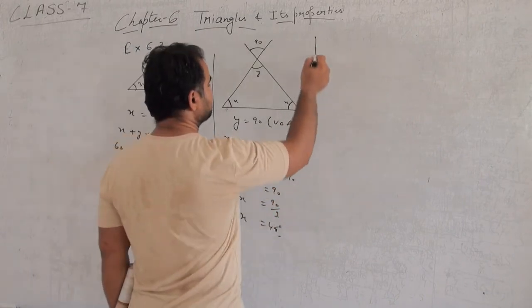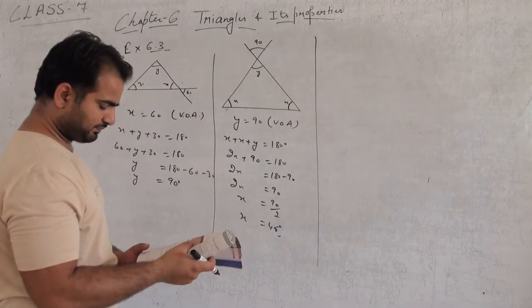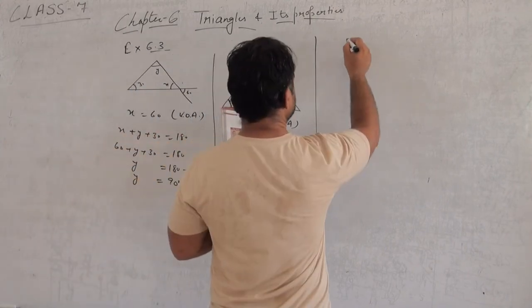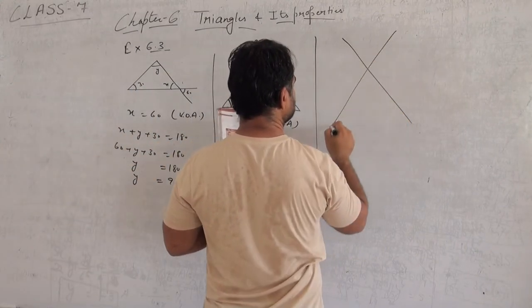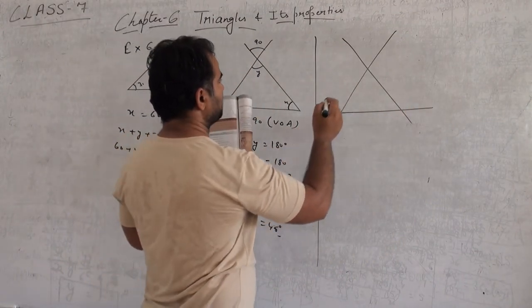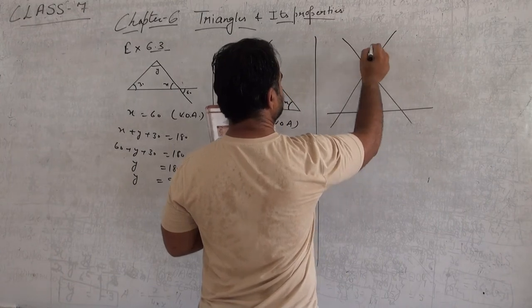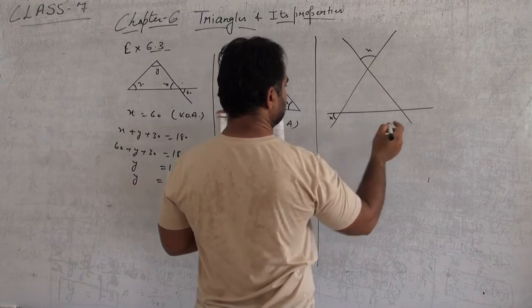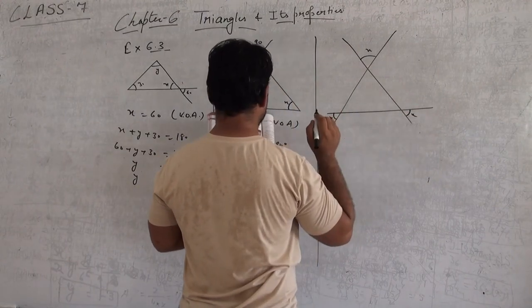And the last question is 6. This one is x. This one is also x. This one is also x.